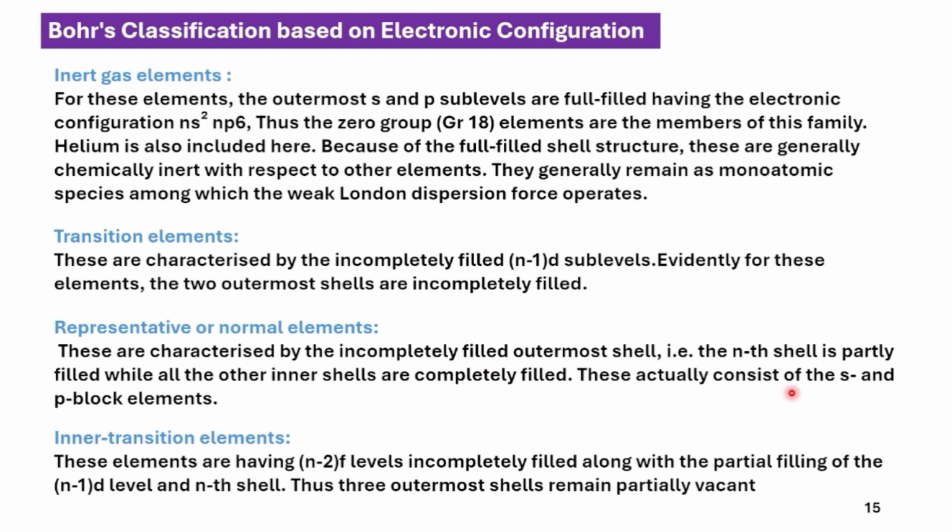These actually consist of the S and P block elements. So S and P block elements are called representative or normal elements. Now what are the inner transition elements? These elements have (n-2)f levels incompletely or partially filled, along with the partial filling of the (n-1)d level and nth shell. So thus, three outermost shells remain partially vacant in case of inner transition elements.